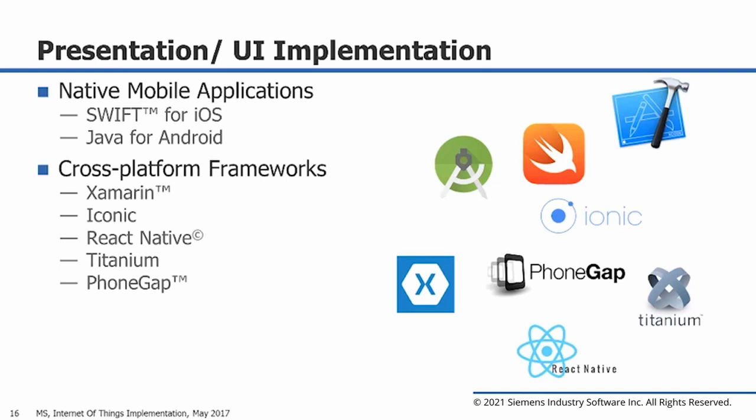In addition to those native platforms, over time, some very powerful cross-development platforms have emerged. Some of them are listed here, like Xamarin, Ionic, React Native, etc. These platforms enable reuse of code across various platforms. Using these platforms, most of the code that deals with look and feel and business logic is shared, and only platform-specific code needs to be maintained separately.